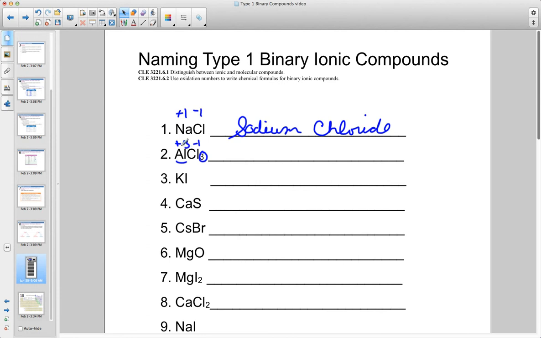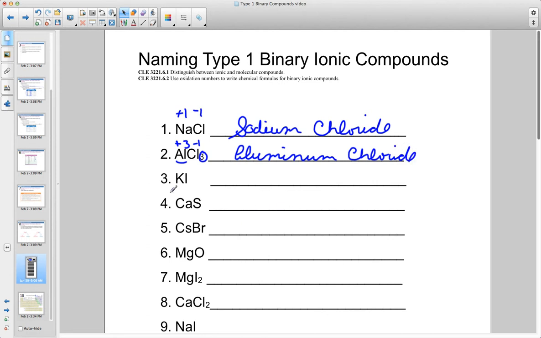If you have this 3 and you have -1 times 3, that comes out to be a -3. +3 minus 3 equals 0. You have to have a 0. So it takes 3 chlorines to balance out the charge of that +3. And we're just going to name it now. Okay, this is aluminum chloride.